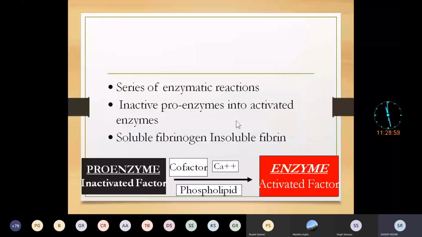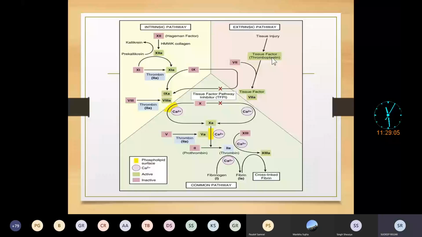Factor 7 is a proenzyme; with the presence of a cofactor, here thromboplastin or tissue factor, it is changed into activated factor 7. Now it will directly activate factor 10 in the presence of calcium and phospholipid surface, which is given by the platelets.